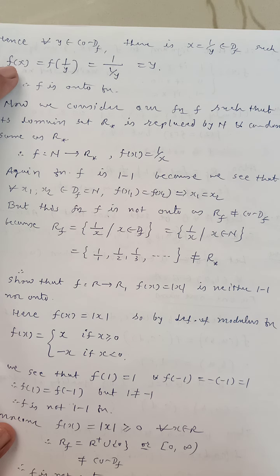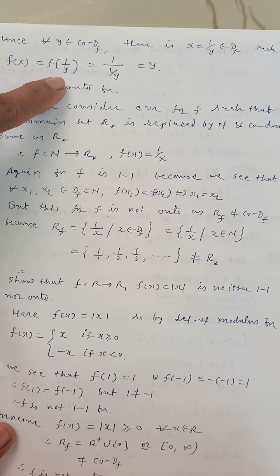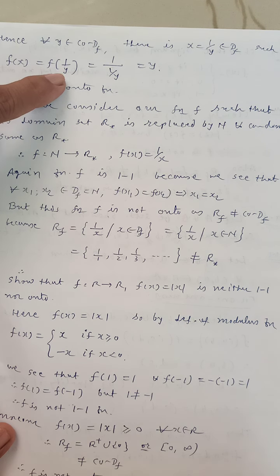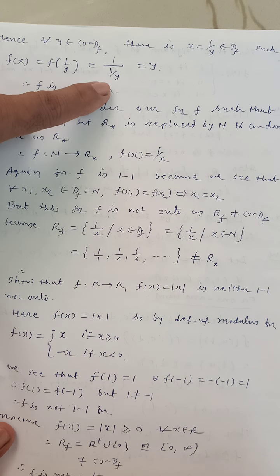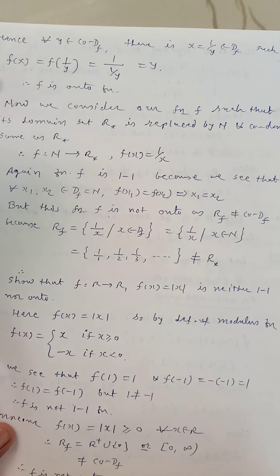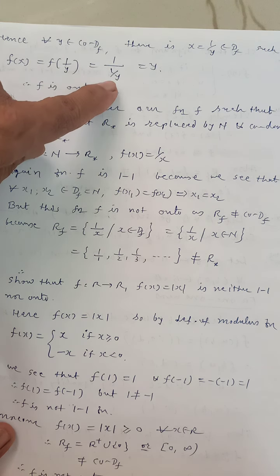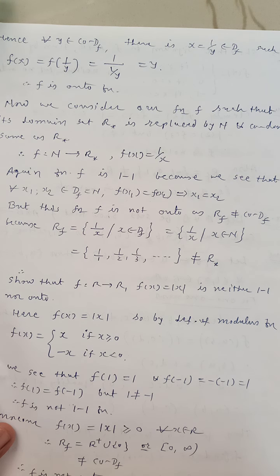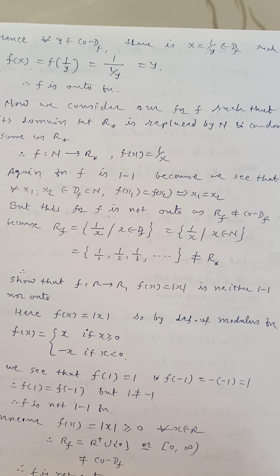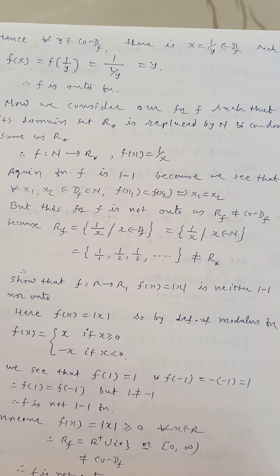In f(x) put f of 1 by y, and according to the rule, what is f of 1 by y? 1 upon 1 by y, which is y. Why? Because f(x) is defined as 1 by x, so f of 1 by y should be 1 upon this number 1 upon y, ultimately it is y. So we get in this manner f(x) is y. So f is an onto function. It means the function is one-one and onto both. That completes the first part of your question.